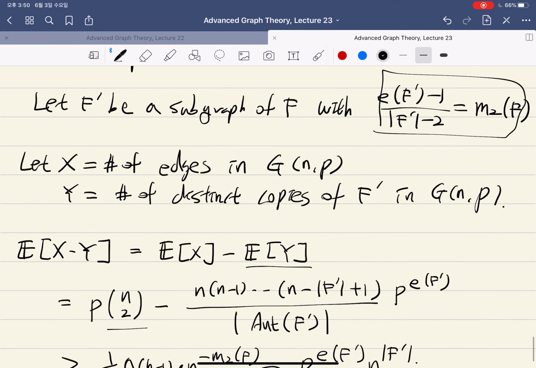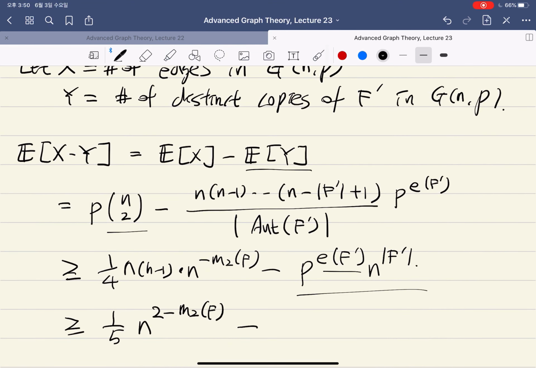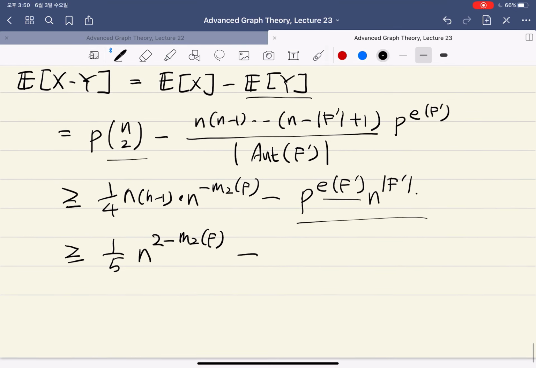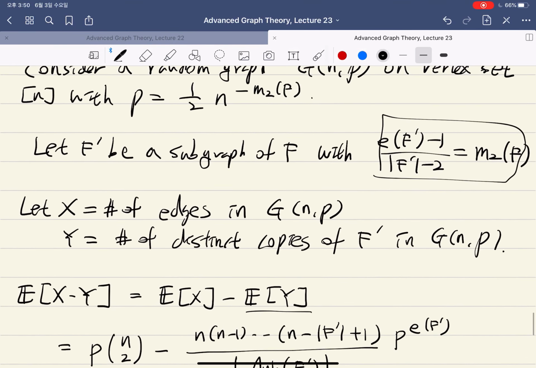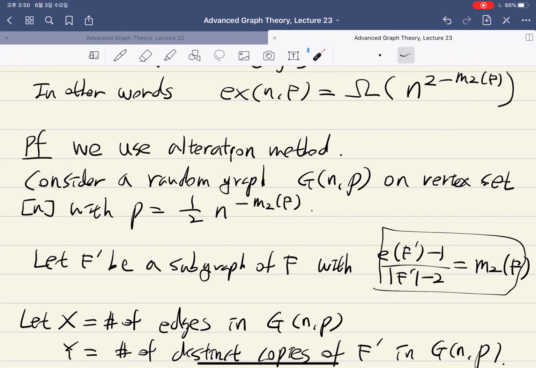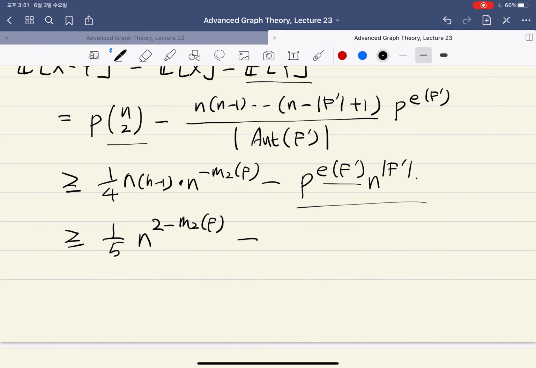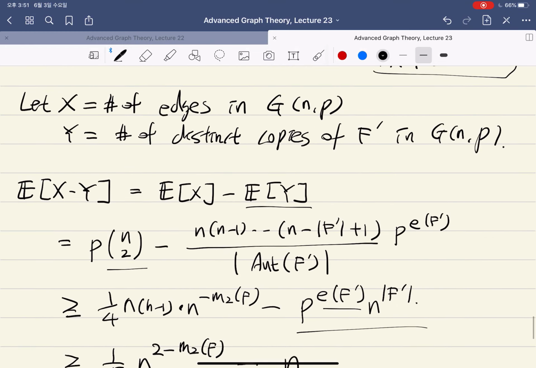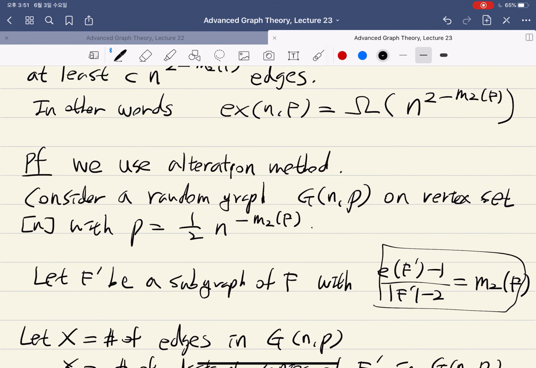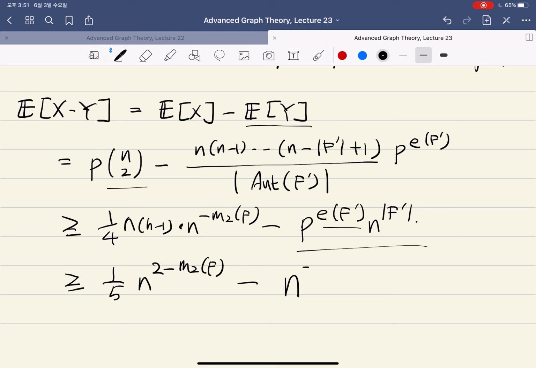What we know is, and P is this. So this part is nothing but n to the minus 2 density of F times number of edges in F prime plus number of vertices in F prime.